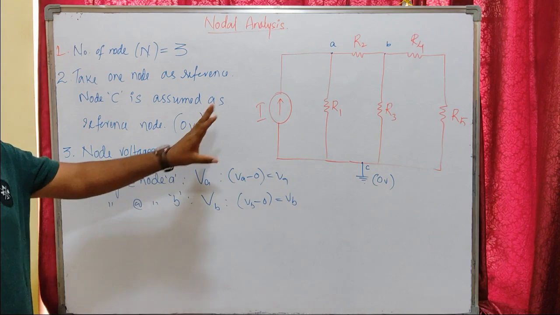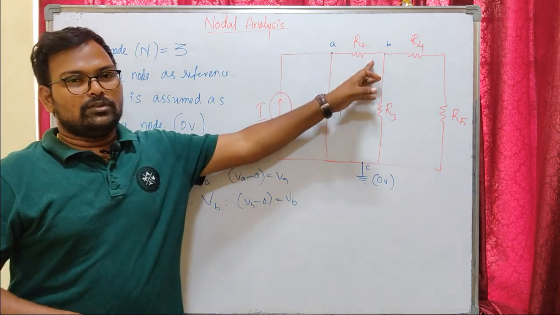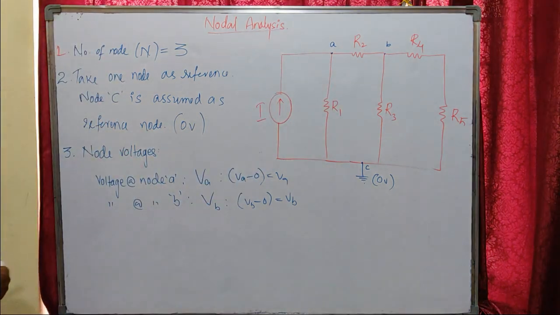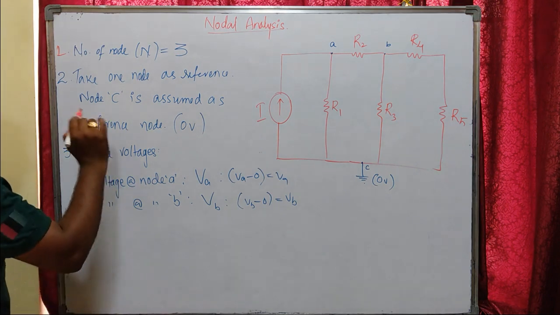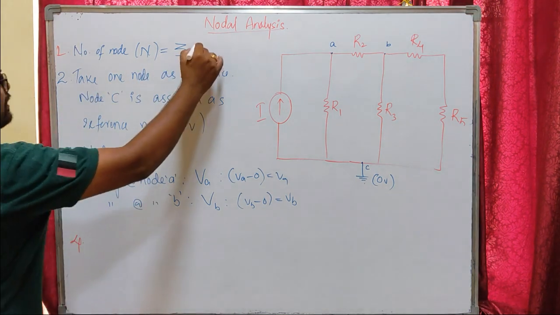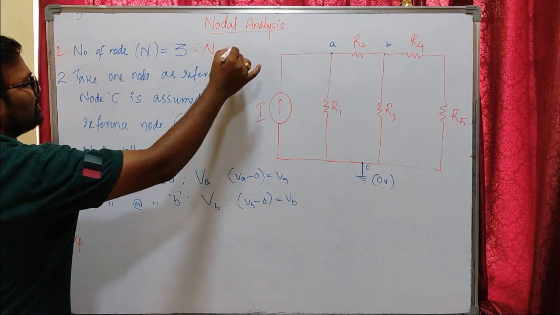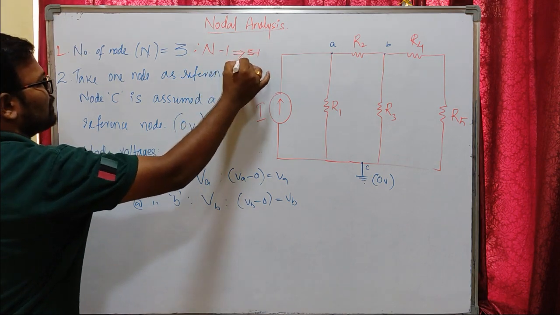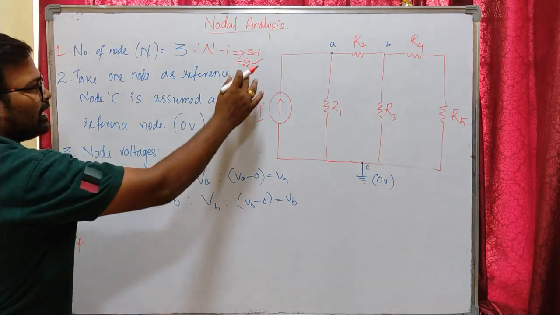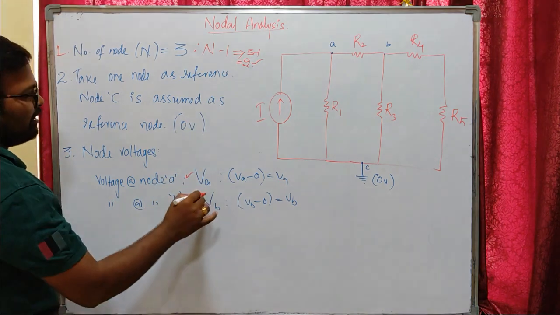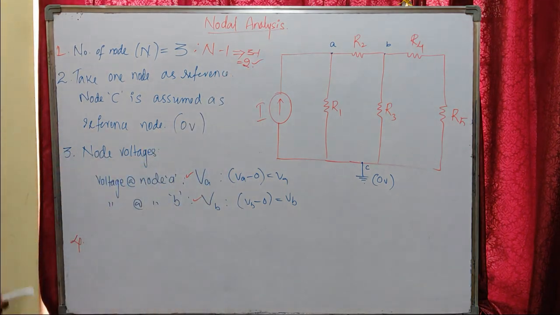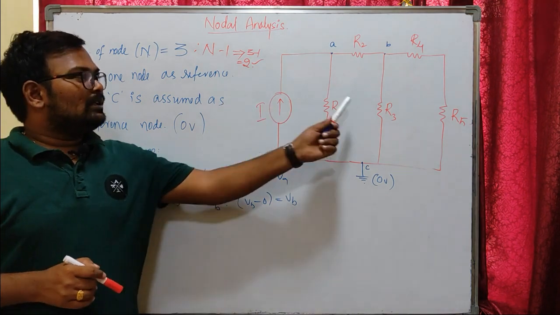Now we are going to apply KCL at node A and node B. How many equations are we going to get? The number of equations will be N minus 1, so 3 minus 1 is 2. These 2 indicate the number of node voltages, VA and VB, and the number of equations. So we are going to get 2 equations in this circuit.